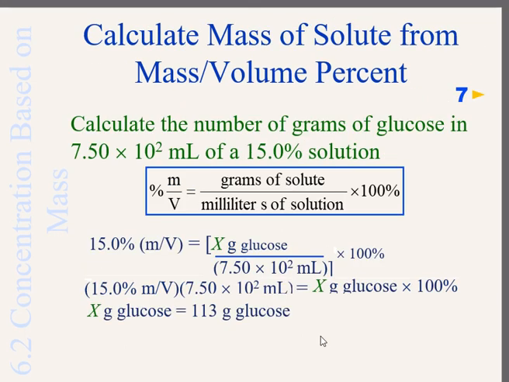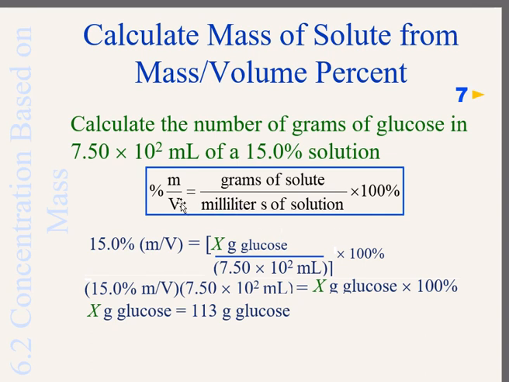Here is an example of a situation where we know the percent mass by volume, which is a 15.0% solution, and we also know the total volume, 7.50 times 10 to the 2 milliliters. How can we find the original number of grams of glucose that was added to create this 15.0% solution?